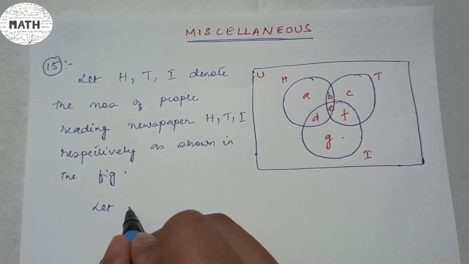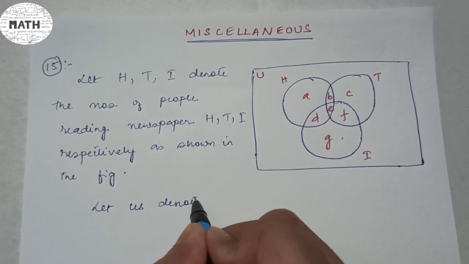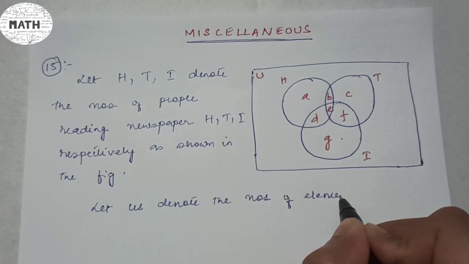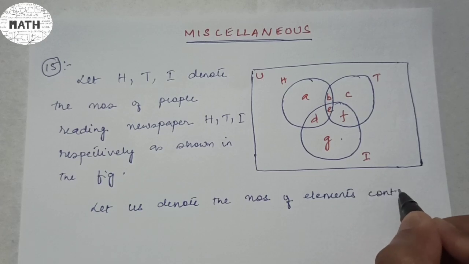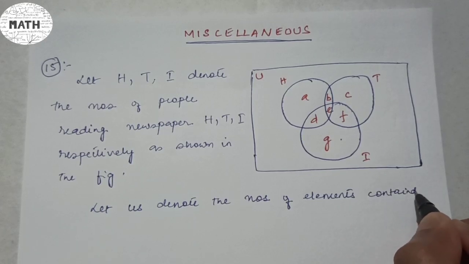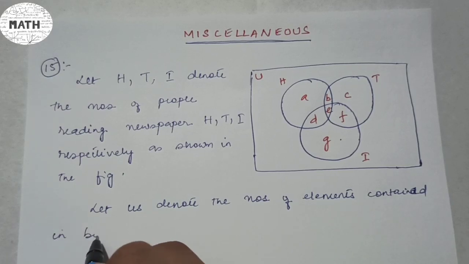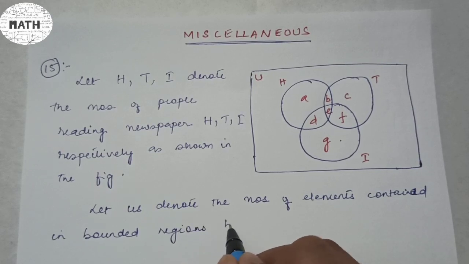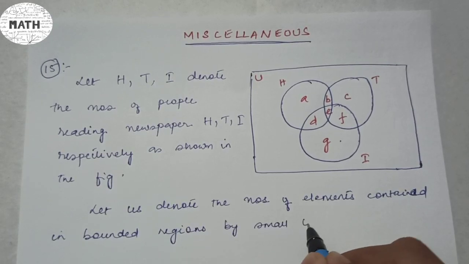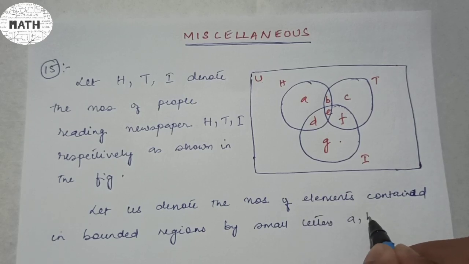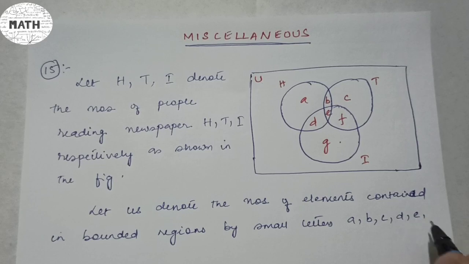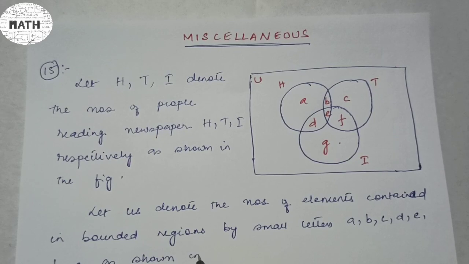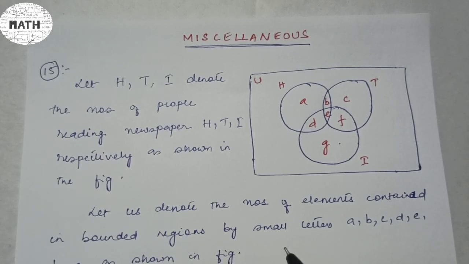Then let us denote the number of elements contained in the bounded regions by small letters A, B, C, D, E, F, G as shown in the figure. I guess you're clear till there.